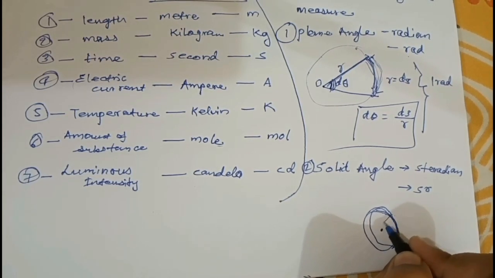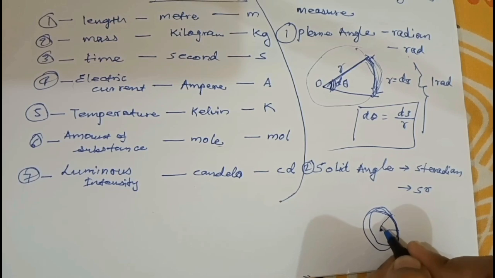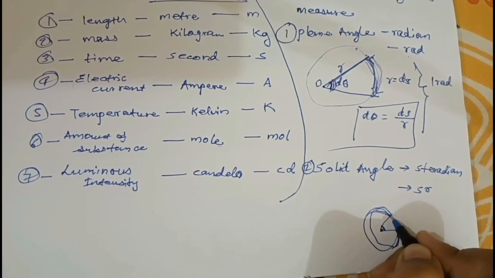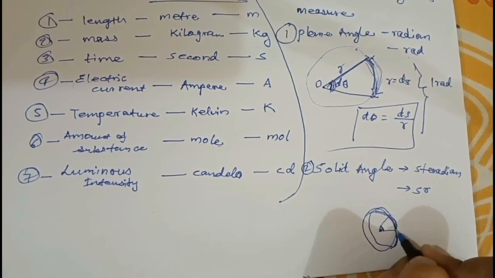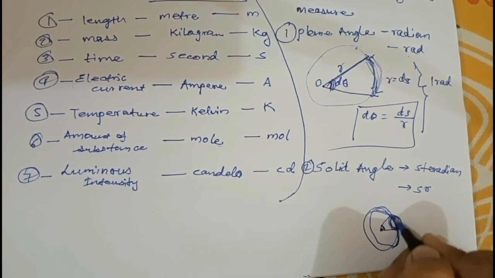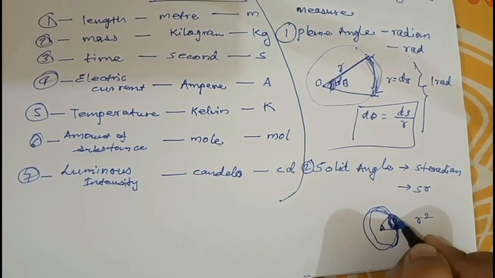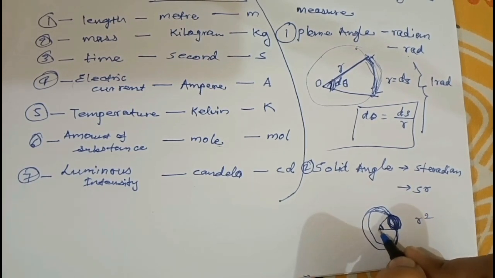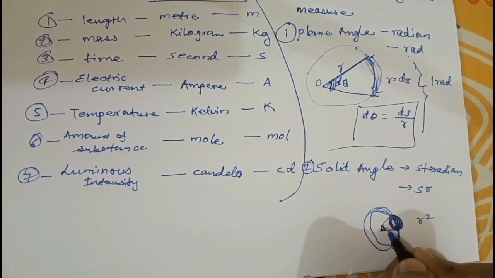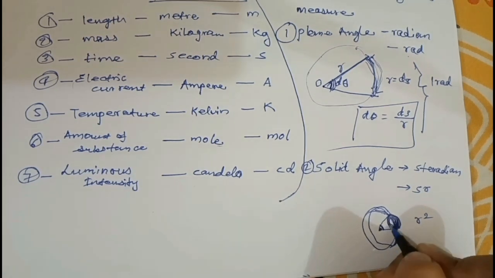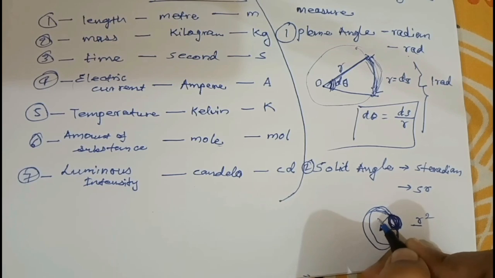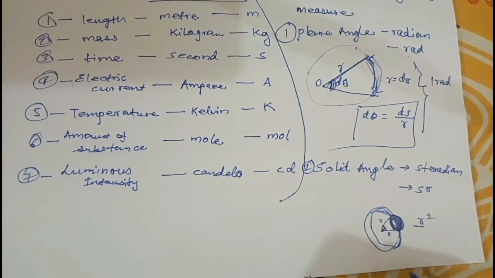One angle is formed at the center by the surface of this ball, and that amount of surface which is equal to the area R square. This area, the angle subtended by this area at the center, is a solid angle. This area will be equal to R square, and that will be 1 steradian.